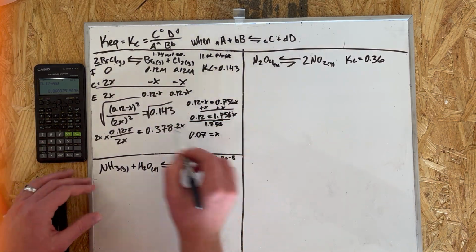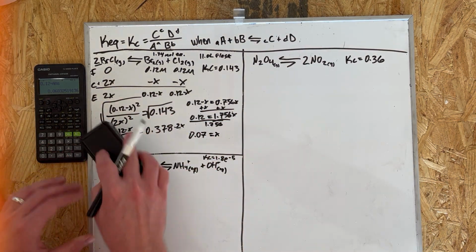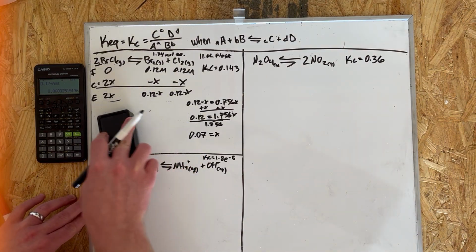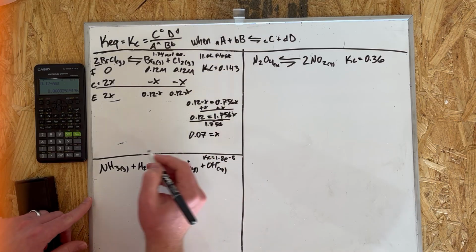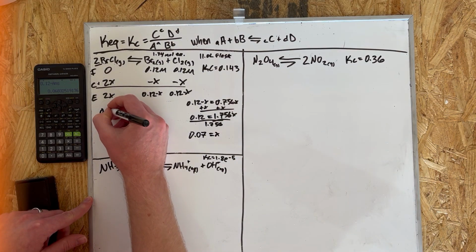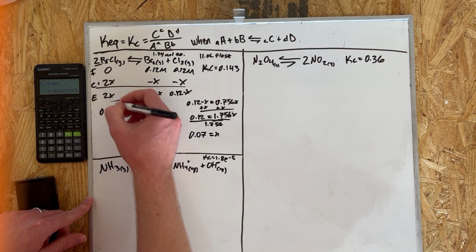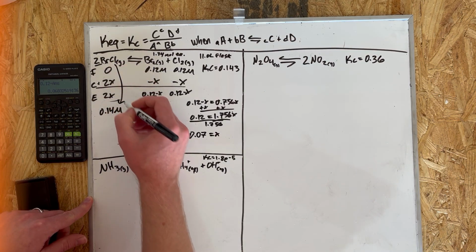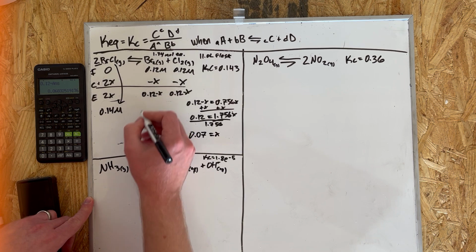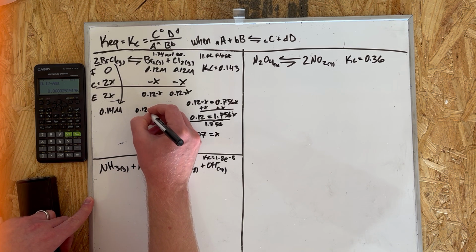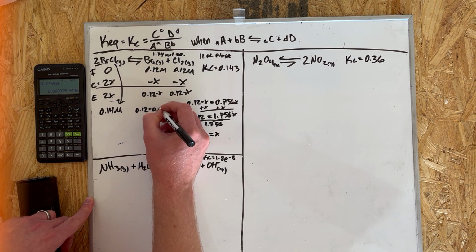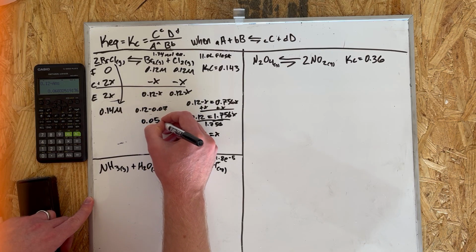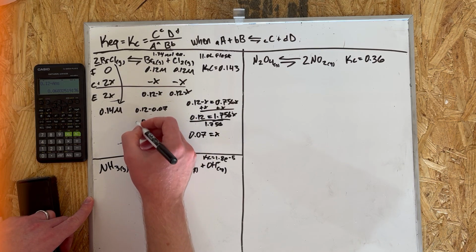So now we can take this and plug it back into our equilibrium concentrations to get those numbers. We'll take this times 2, so we have 0.14 M is the concentration of our reactant here, and then for each of these we'll take 0.12 minus 0.07, and we'll get 0.05 molarity for each of these.